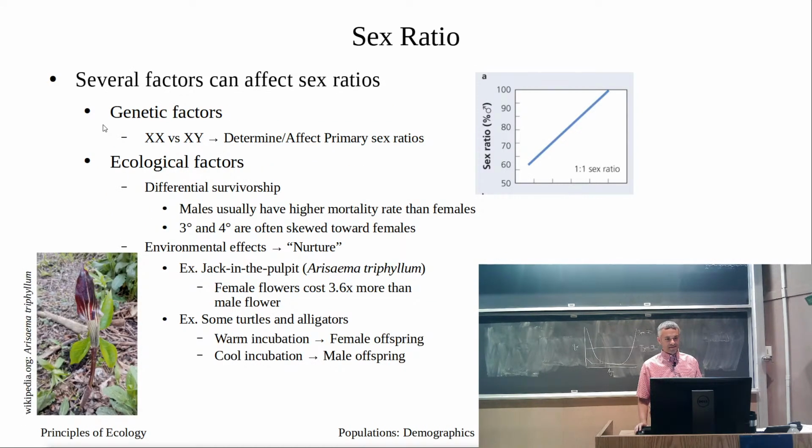So what can affect our sex ratios? We've already mentioned differential survivorship, but I'm going to break this down into genetic factors and then ecological factors, because these are kind of the most important things. So first up is genetic factors. What we're talking about here is that genetics determines if we're going to be male or female, XX, XY.